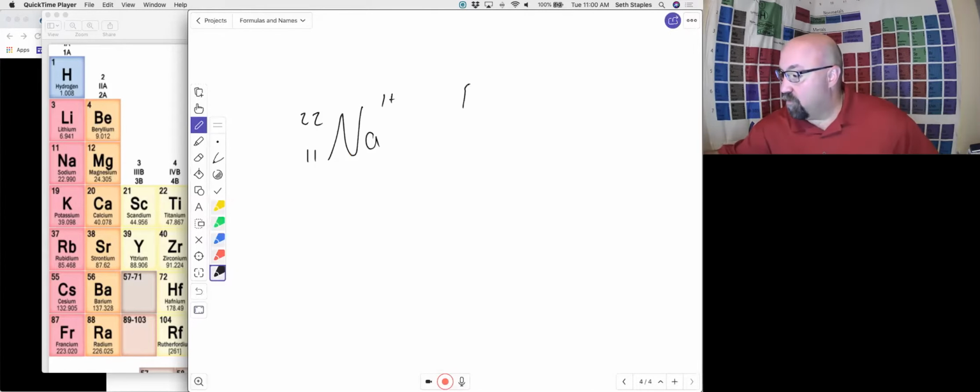So our protons, since it is sodium, our protons are going to equal 11. That's our atomic number. Our neutrons, in this case, would also equal 11 because we're given our mass number of 22. So remember that those are our protons plus neutrons, minus our atomic number of 11, our number of protons, to get us to our number of neutrons at 11.